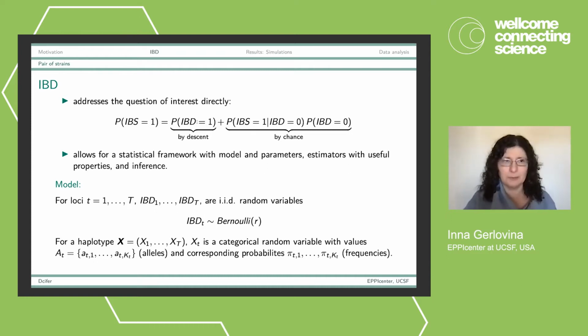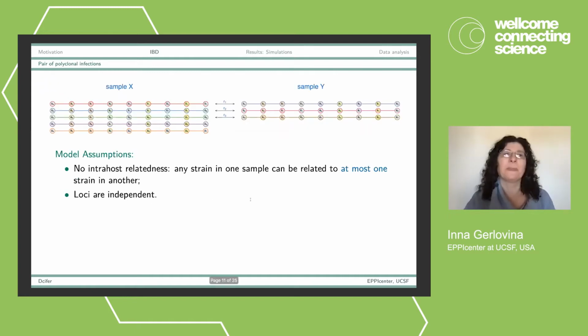For the model, between two strains, we consider IBD, binary, yes or no, across loci, and they are IID, Bernoulli distributed random variables with a parameter R. And this parameter R is what we call relatedness, and this is what we would like to estimate.